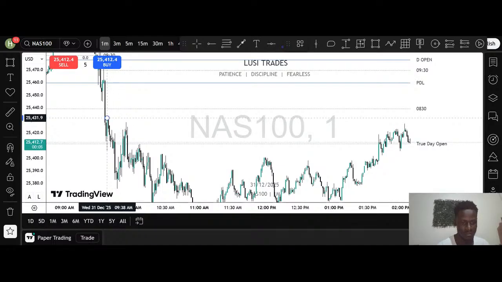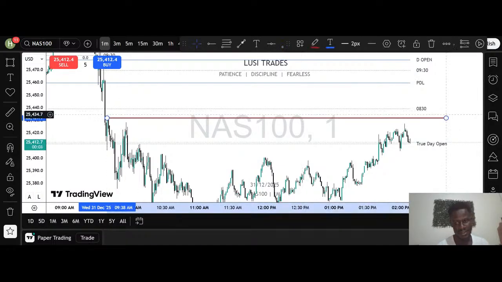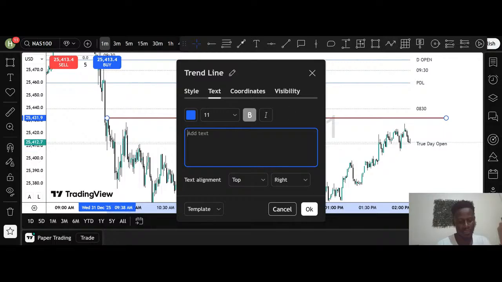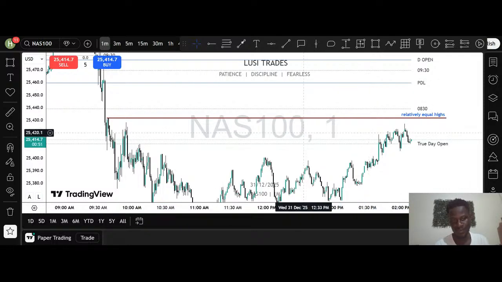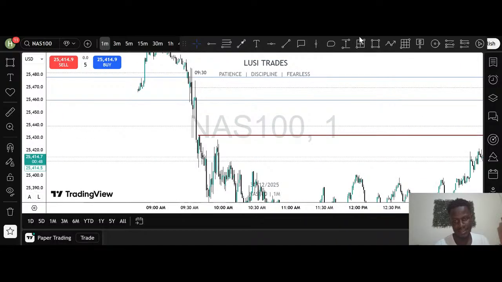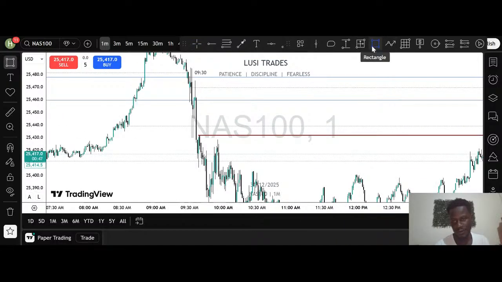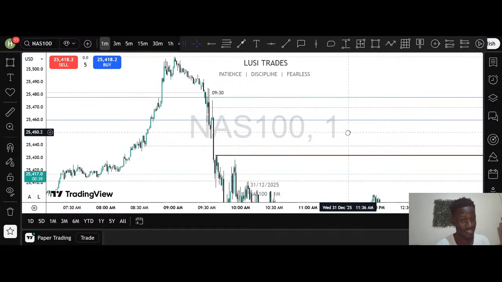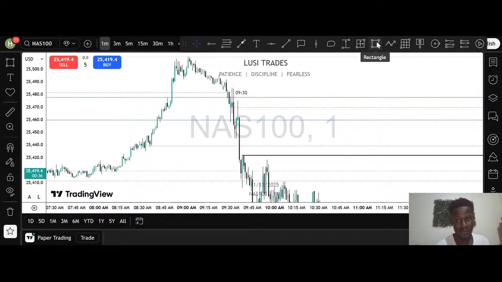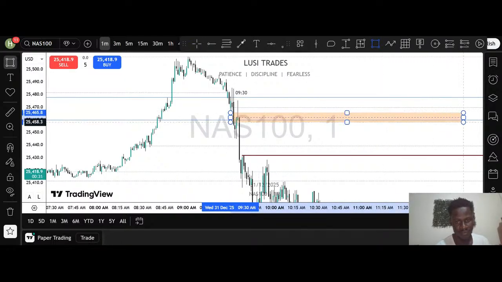So these two levels are relatively equal highs. On the 5 minutes you did see I marked that, but I think there is no need. Let me just mark the first presented fair value gap, because that's the only level I'm now interested in.